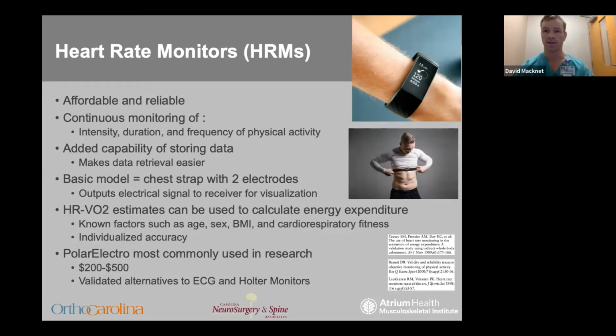It detects the heart's electrical signal via 2 electrodes. The cost of one step is not equal for all patients. That's why a heart rate monitor can be a better calculator of energy expenditure. And the Polar Electro Company is the most widely used in the medical field and research field. They have validated alternatives to EKG and Holter monitors. But as you can see, the price for these is a slight step up.